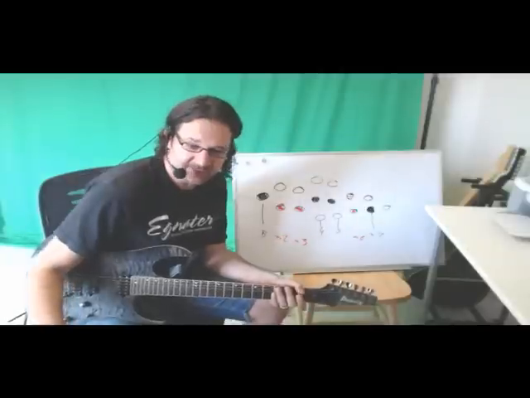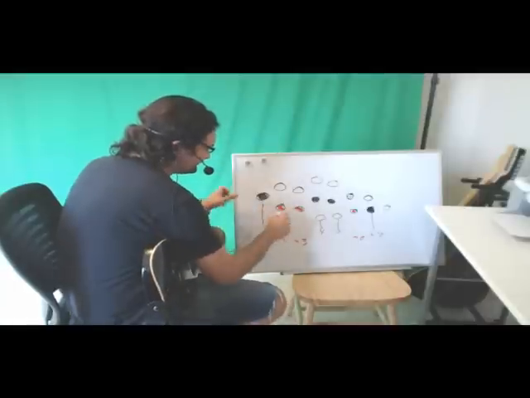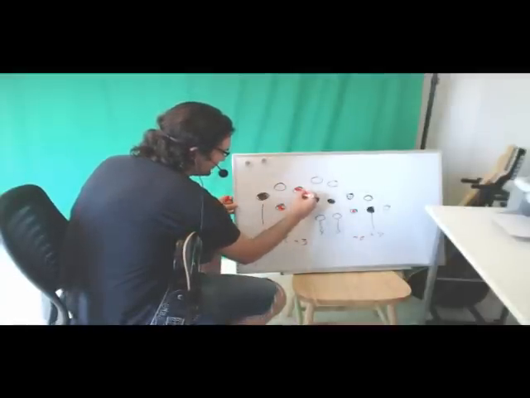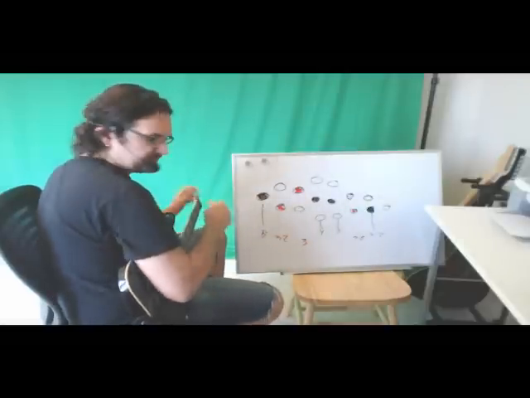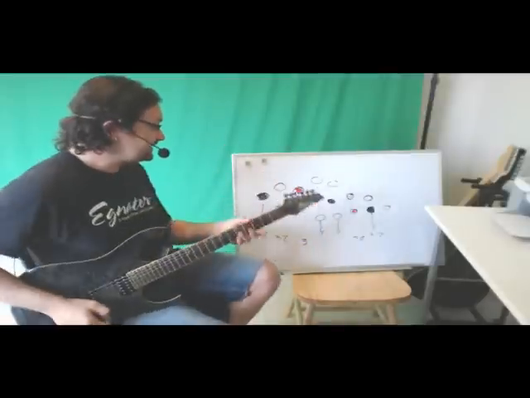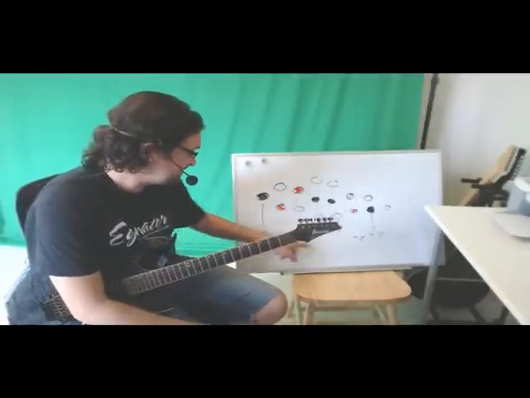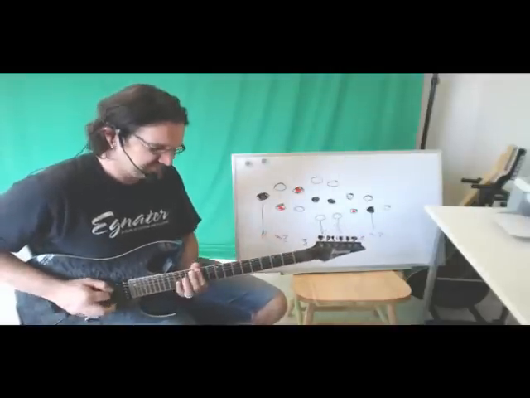Okay, let's try another one. How about changing the 3rd to a major 3rd? It's gonna be interesting, and we'll keep the rest like it is. So it's still gonna sound a little minor to some of you because there's minor, minor, minor, but it's still a major scale. Here's the scale.